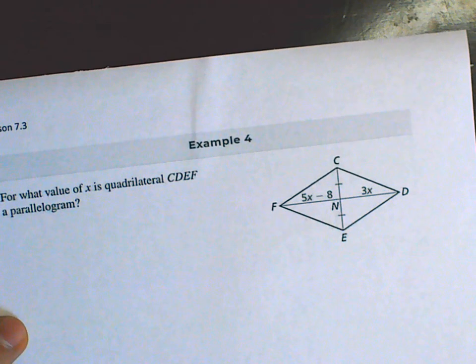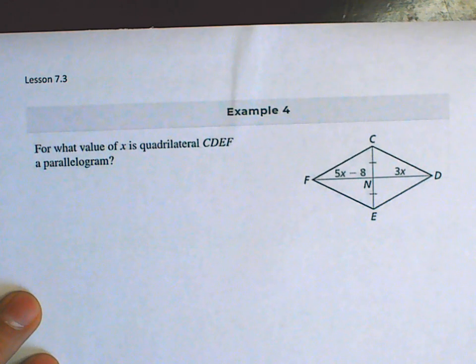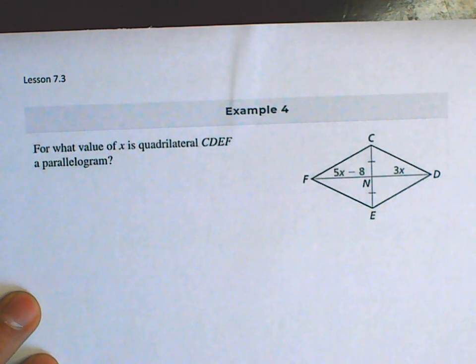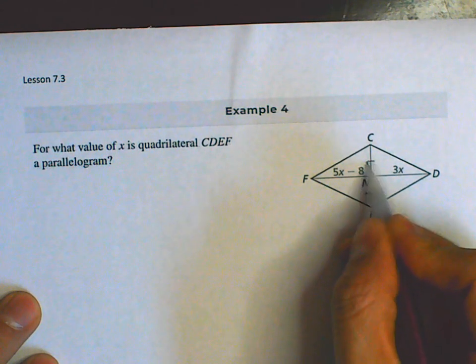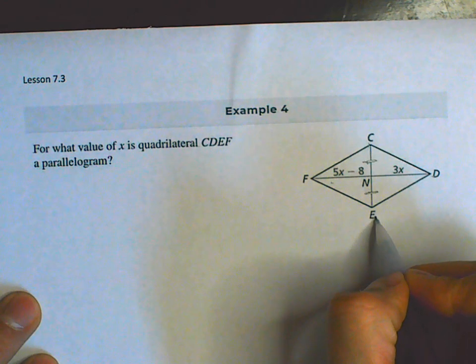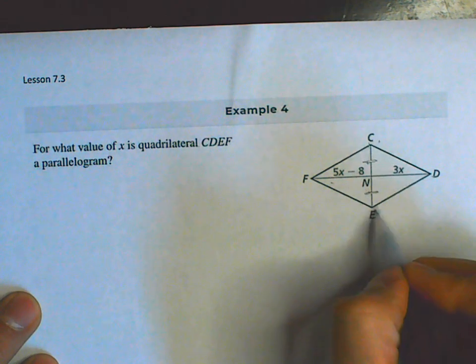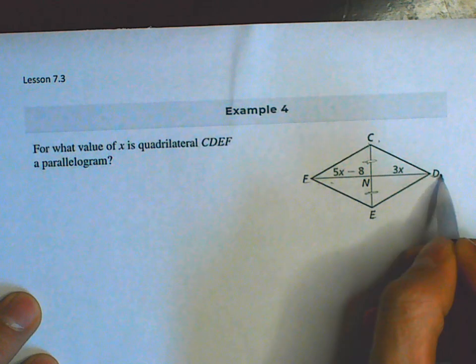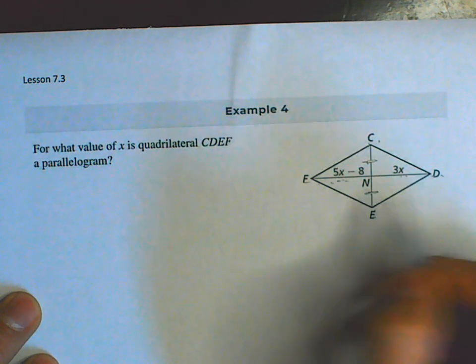All right, for what value of x is the quadrilateral CDEF a parallelogram? So remember we talked about how the diagonals, if they bisect each other, then it's going to be a parallelogram. So here you notice that this is congruent to this. So that means that DF is a bisector of CE. So in order for CE to be a bisector of DF, these two right here have to equal.